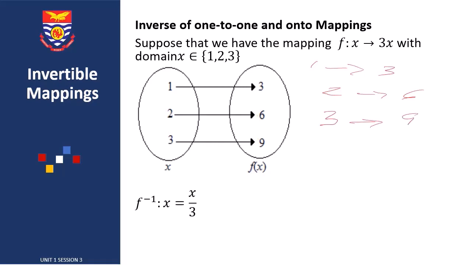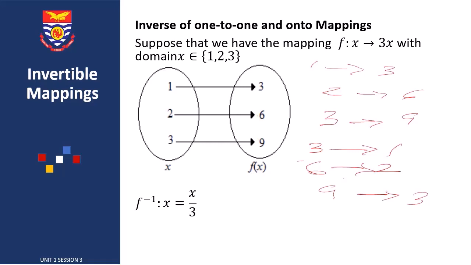Now if we take the reverse process, then 3 goes to 1, 6 goes to 2, and 9 goes to 3.